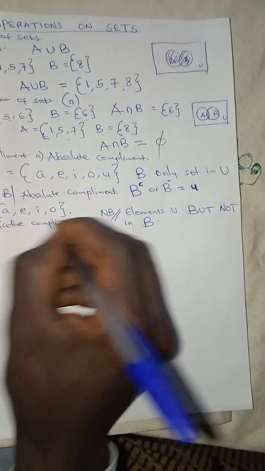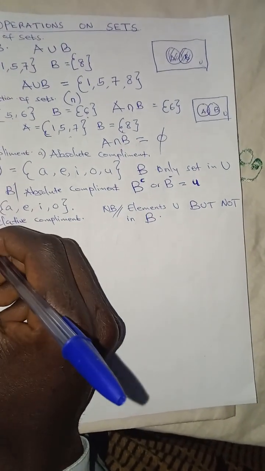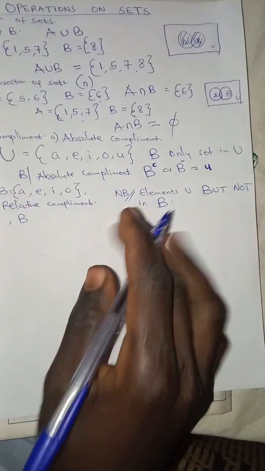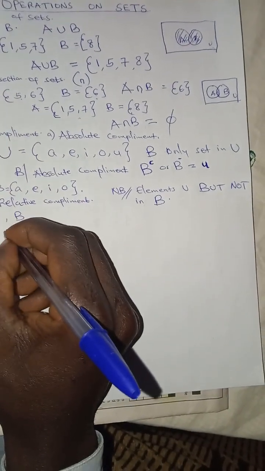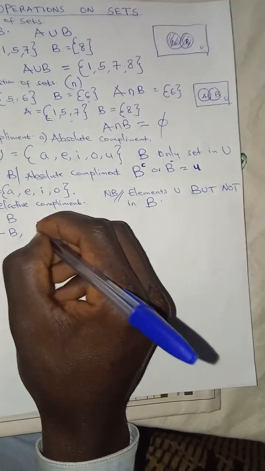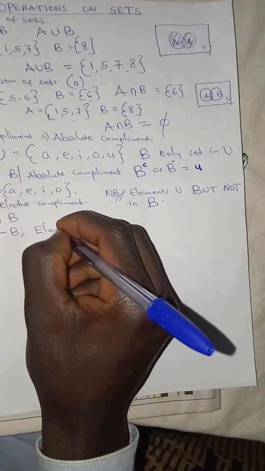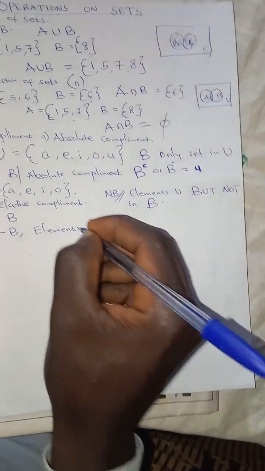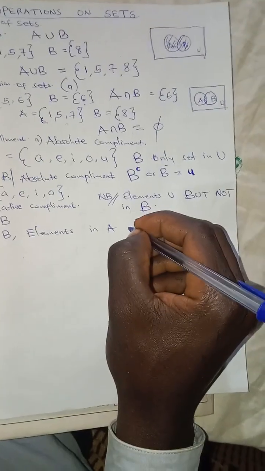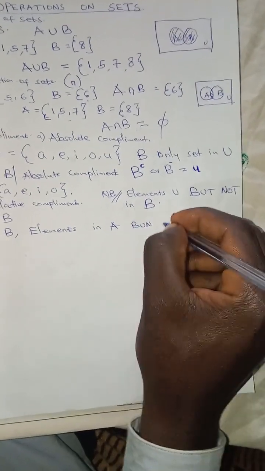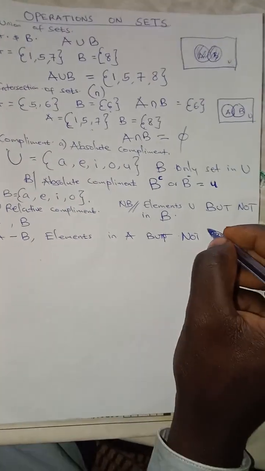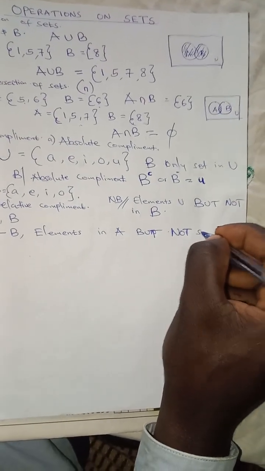Suppose we have a set A, and again we have a set B. The relative complement of set A to B are the elements in set A but not in set B.